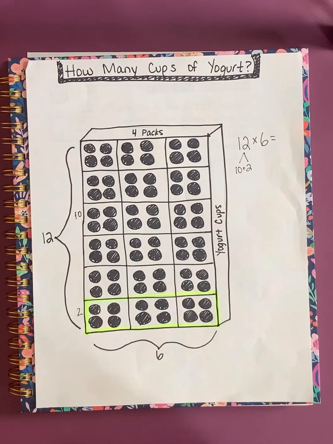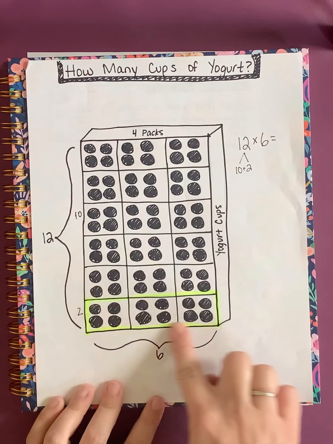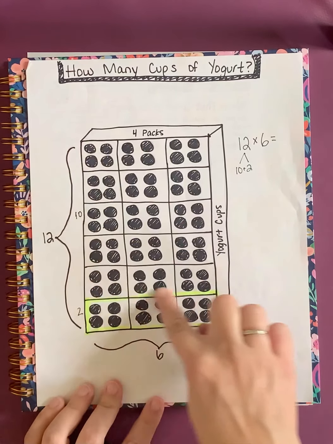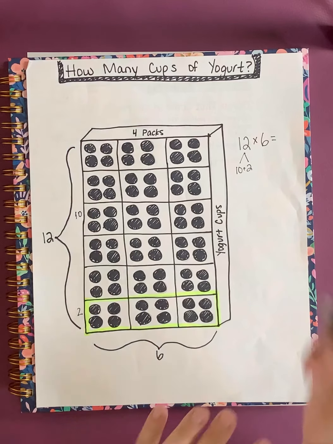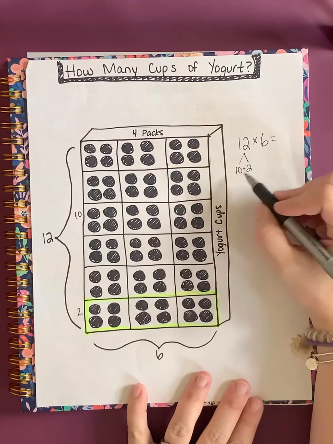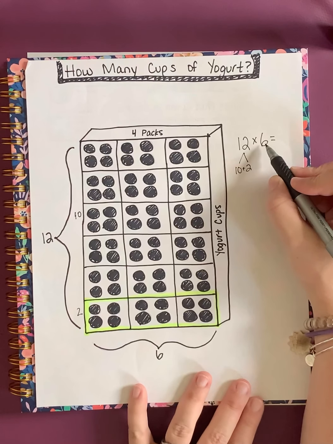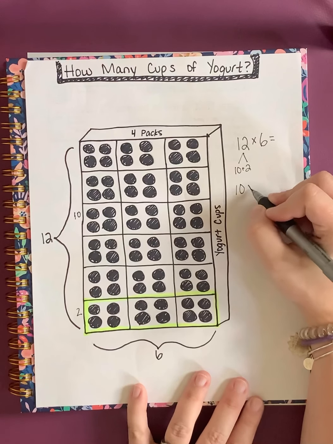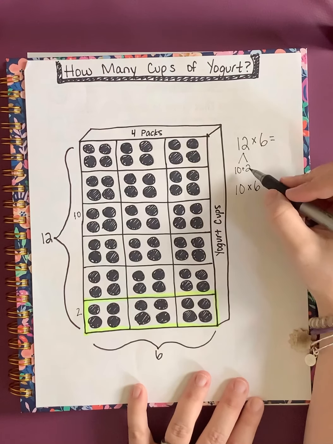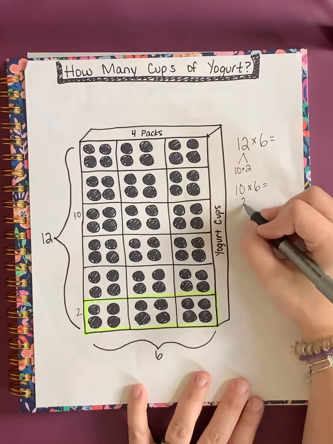Okay, so I'm solving for this array right here, and then I'm solving for this big array right here. Okay, now we need to make sure that we write out those multiplication problems. So remember, this 6 stays the same no matter what. So you're multiplying 10 times 6. And then you're multiplying 2 times 6.